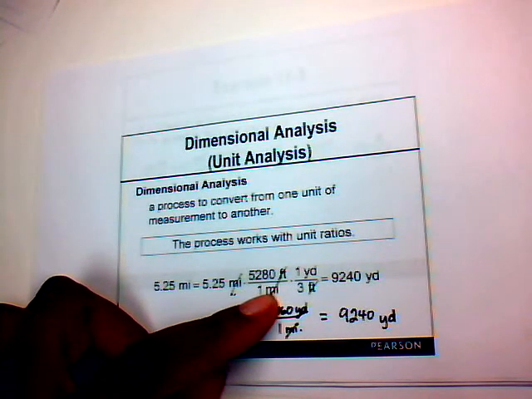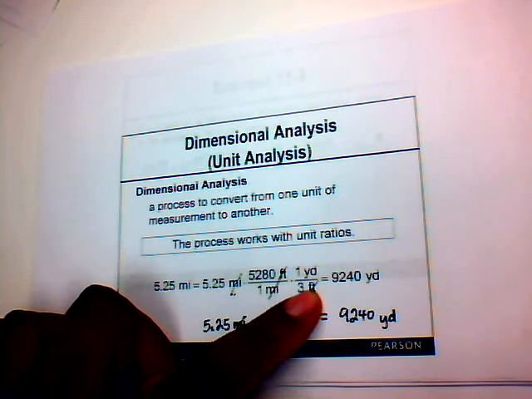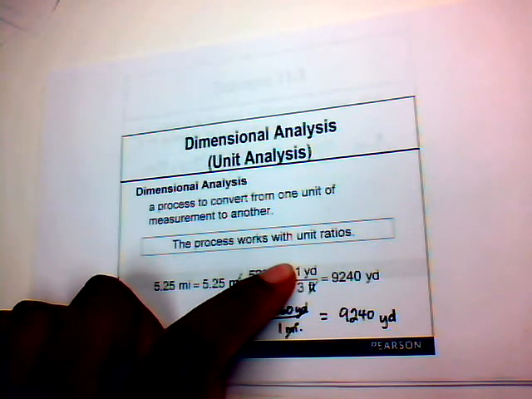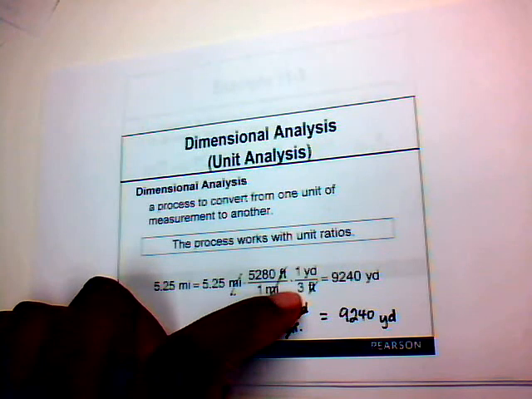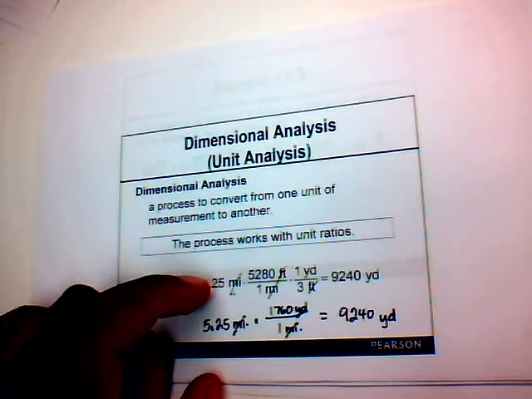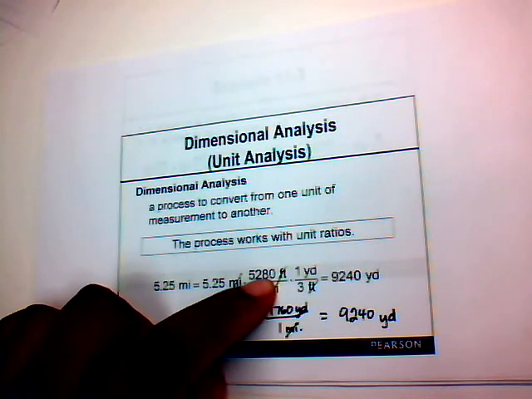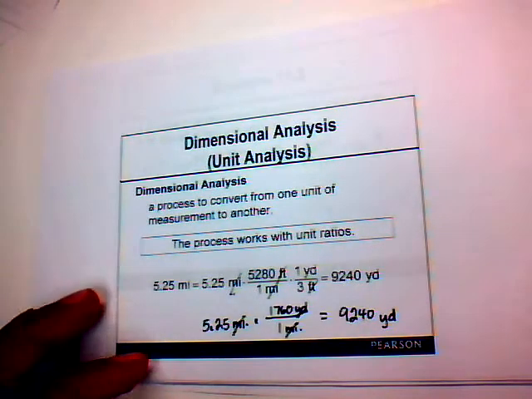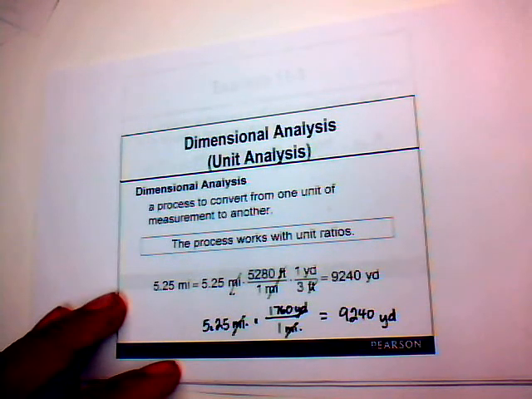But we want to convert it to yards, and we know 3 feet make up 1 yard. So we're converting from feet. Feet will be in your denominator and yards will be in the numerator. 1 will be on the top because 1 yard is equivalent to 3 feet. That's why the 3 feet is in the denominator. Divide out the feet and multiply 5.25 times 5,280 divided by 3, and you'll get 9,240 yards.